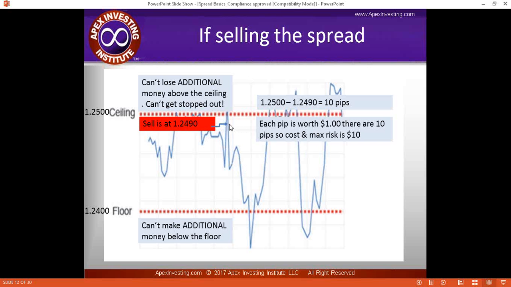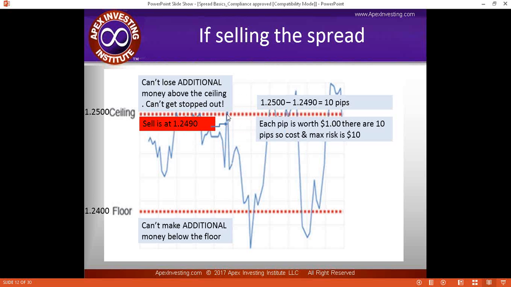All right, so if I sell right here at 2,490 and it goes against me 50 ticks, yes, each pip or tick is worth $1, but where is my risk capped? I have a floor and a ceiling. I can't lose additional money above the ceiling. Okay, so Sandra and a couple of people, if I sold at 2,490, what's the difference?